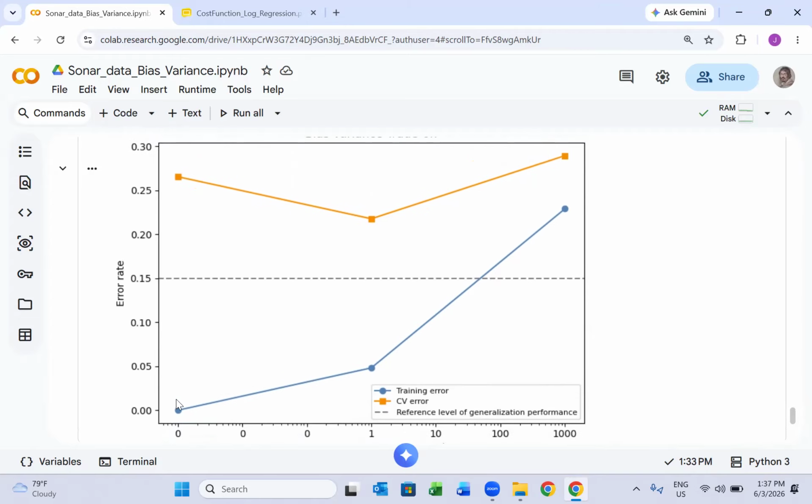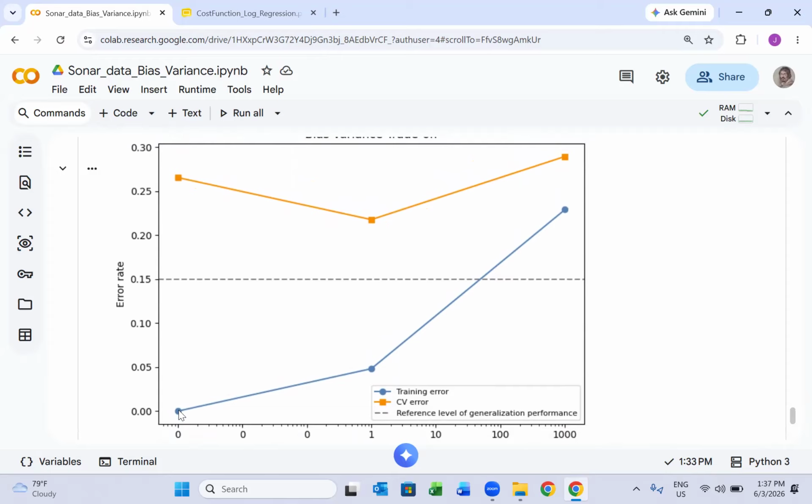There's a big gap between the training performance and the cross-validation performance. The training performance is much better than the cross-validation performance. We get a cross-validation error above 25%, and the training error was 0%. So perfect performance. So small regularization, complex model, huge gap between training performance and cross-validation performance.